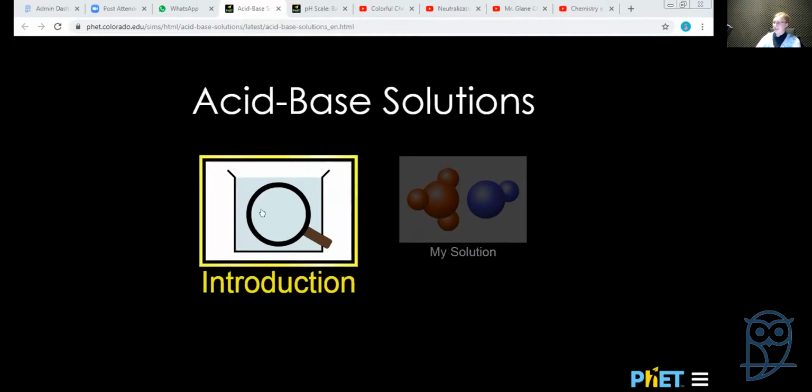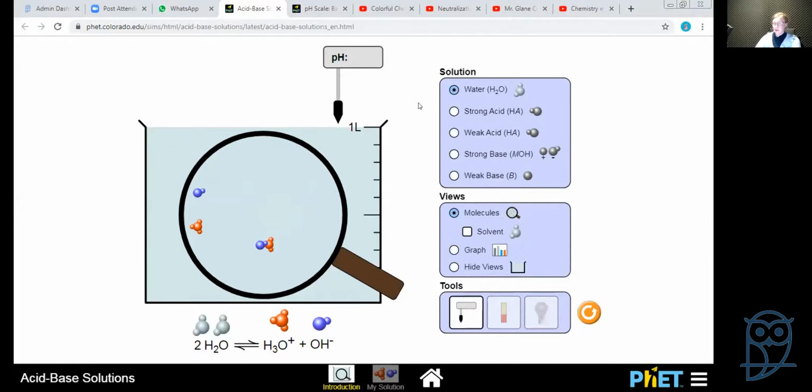Okay, this is another simulation from PhET Colorado. So here we have acid-base solutions. Here we have our solution, and this shows us the molecules that we're having over here. Here we've just got some normal water, and then we've got various different kinds of acids, bases, and things that we can use.